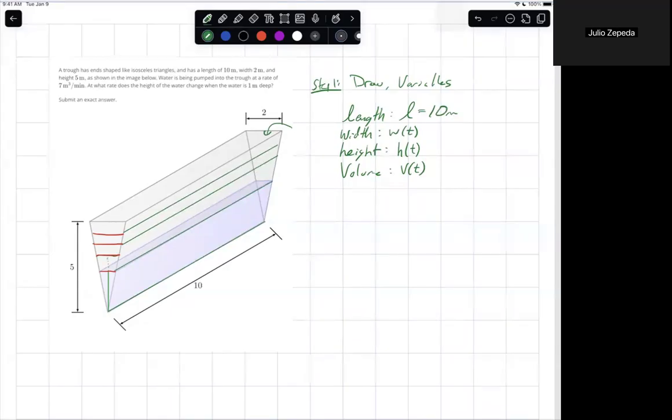It's going to save us a little bit of time to recognize that L is just a constant. If we use it as a function of t, it's just going to make our derivative more complicated. So we'll leave it as L equals 10, a constant. Okay, so we've assigned variables. Let's go to step two.